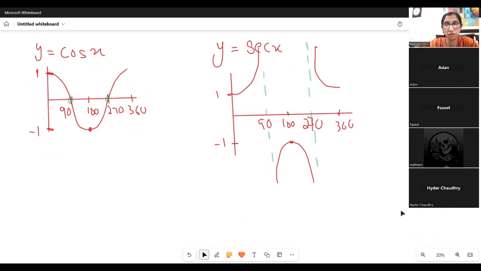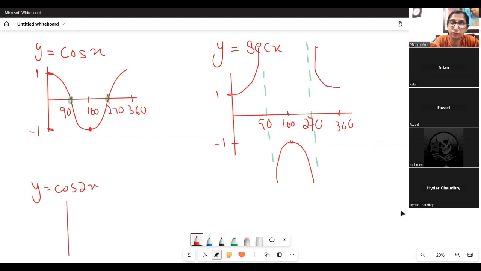Now let's sketch cos 2x. Y equals cos 2x. Now this curve will have two cycles between 0 to 360 degrees. So one cycle will be from 0 to 180 degrees.